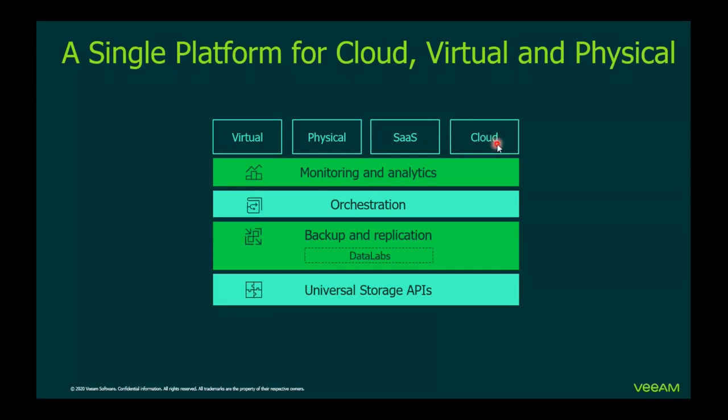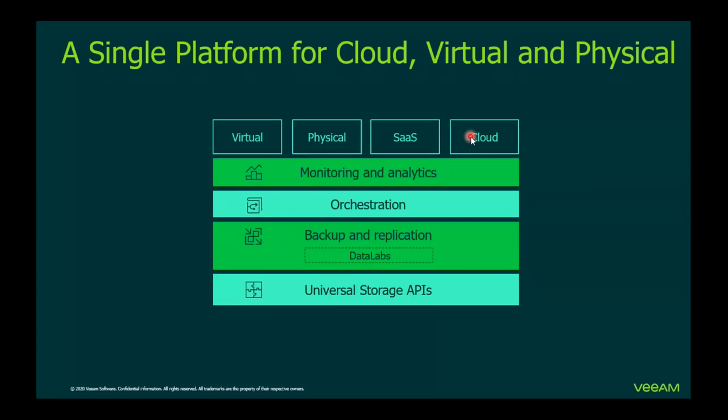Then on the right hand side, if you see, we also do cloud backups, right? Cloud is the main objective of today's webinar. We do a backup of cloud using instances. We do a backup of cloud using cloud native technology. For cloud native technology, we have different backup solutions for Microsoft Azure as well as for AWS, which do a native backup of cloud onto the cloud.